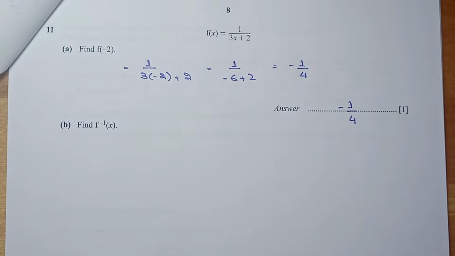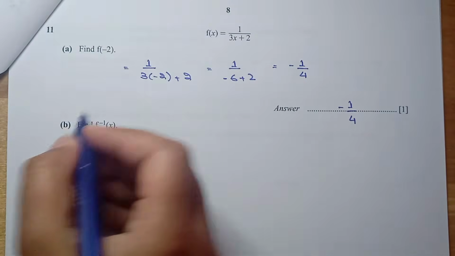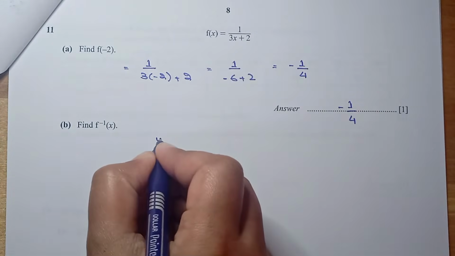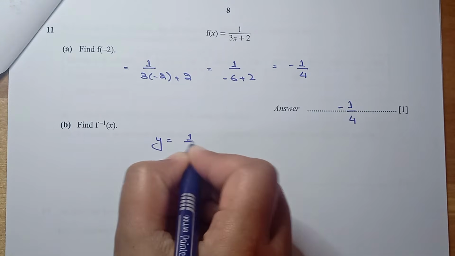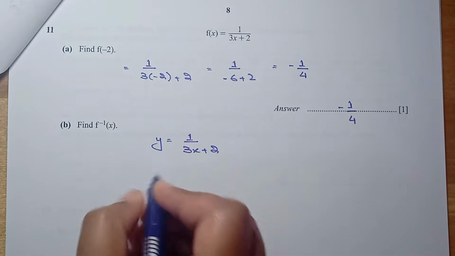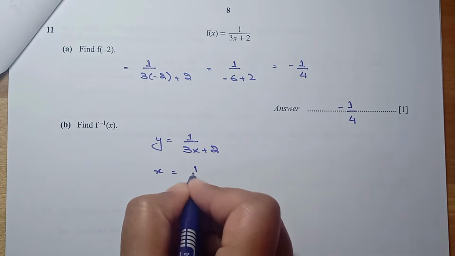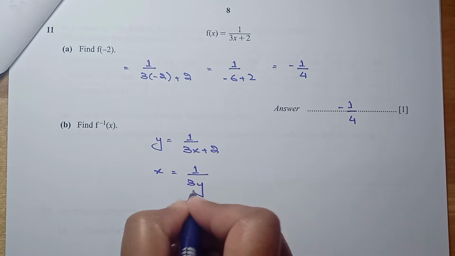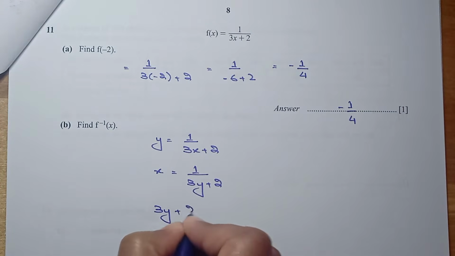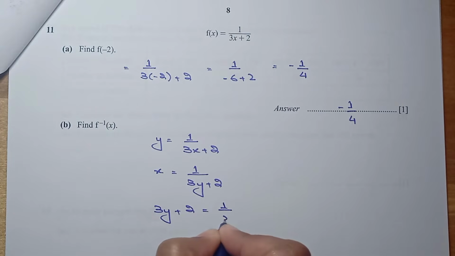In the B part, we need to find f inverse of x. For f inverse of x, we put y equals f of x. Y equals f of x is 1 over 3x plus 2, and then we replace the variable y with x and the variable x with y. In the next step, we need to solve for y. So 3y plus 2 would be equal to 1 by x.